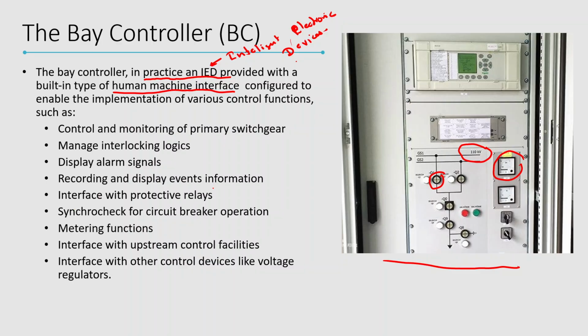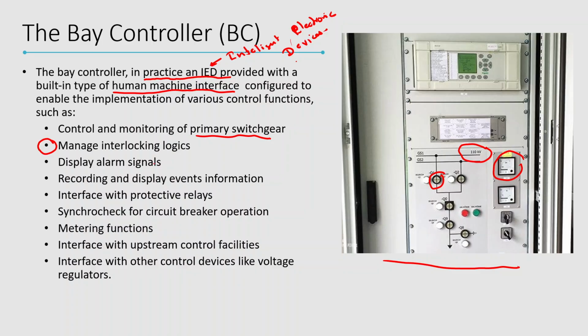So you basically have control and monitoring of primary switchgear, like circuit breakers, isolators, and so on, in the bay controller. The bay controller also manages the interlocking logic in the substation. We have discussed the interlocking logic in past classes.